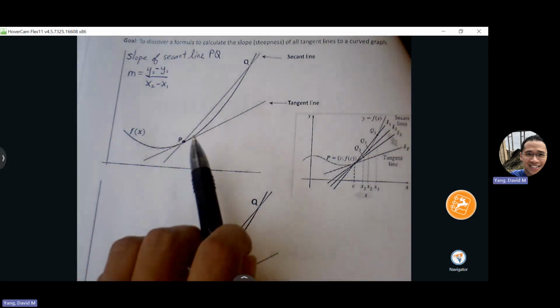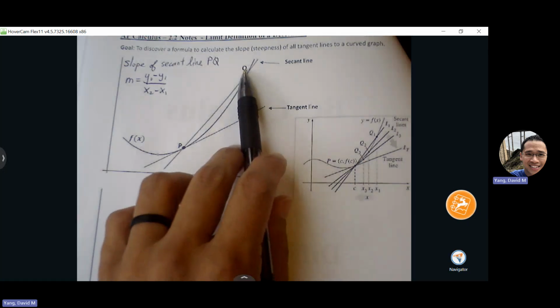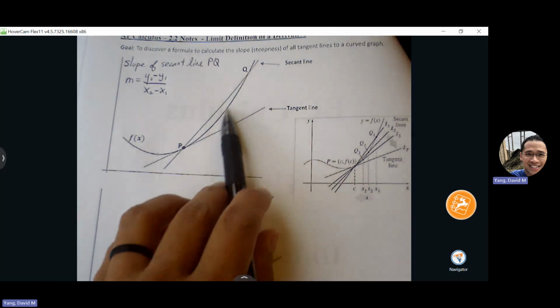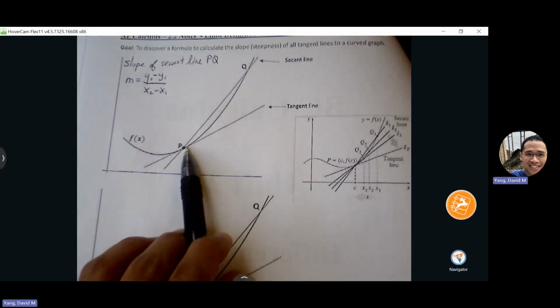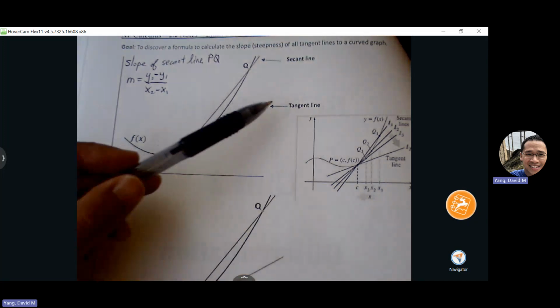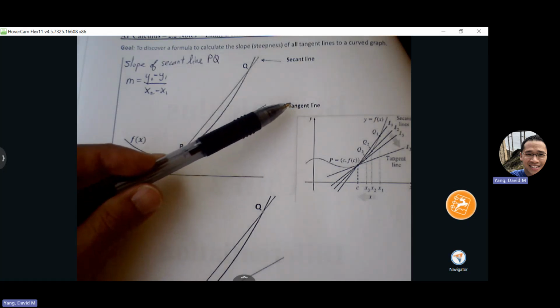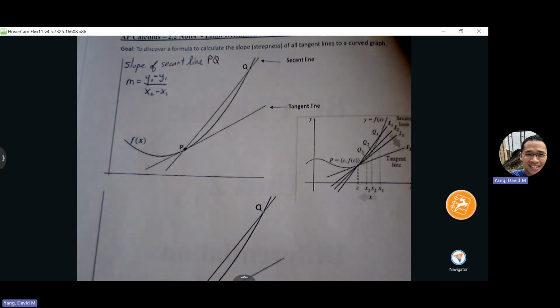So that begs the question: what if I can just move point Q so close to point P that it eventually disappears? Then technically I should be able to reach the exact slope that I want. And this is where we're going to involve limits from the previous unit. What if I can shrink the distance between the 2 points to virtually 0?